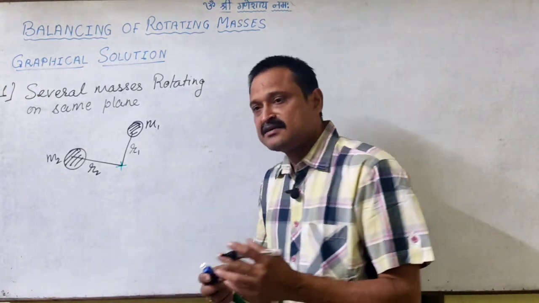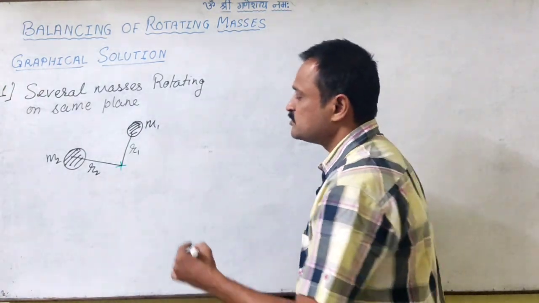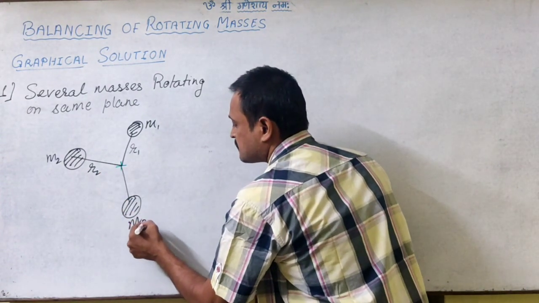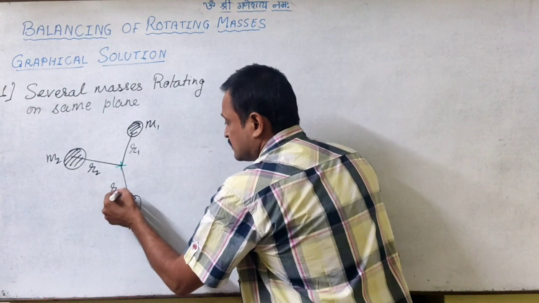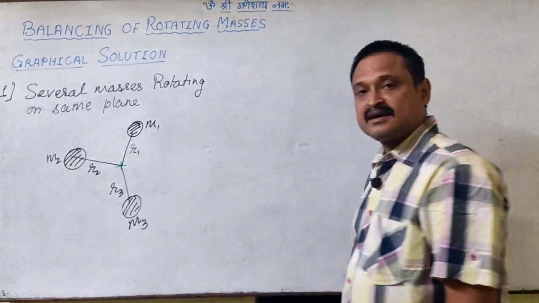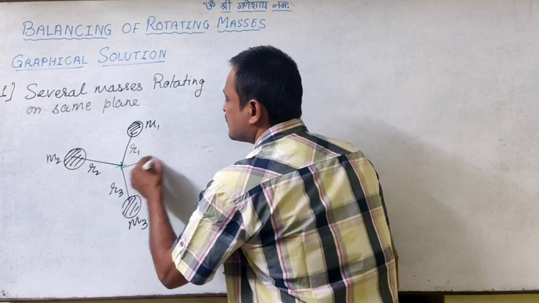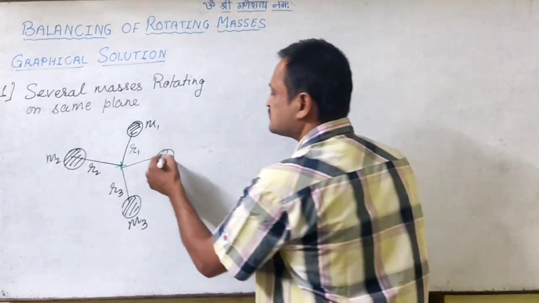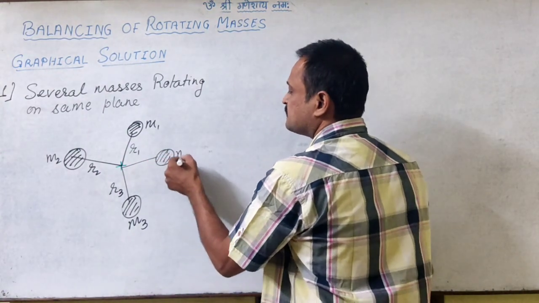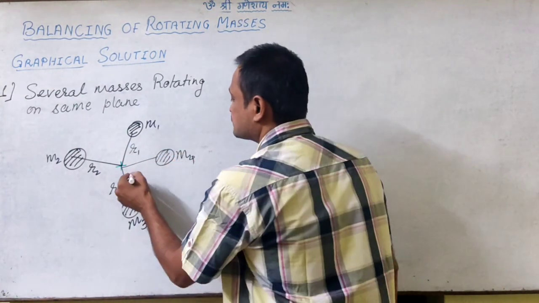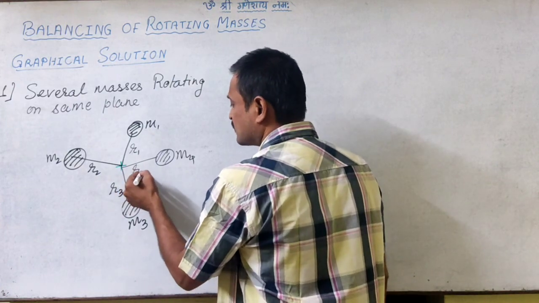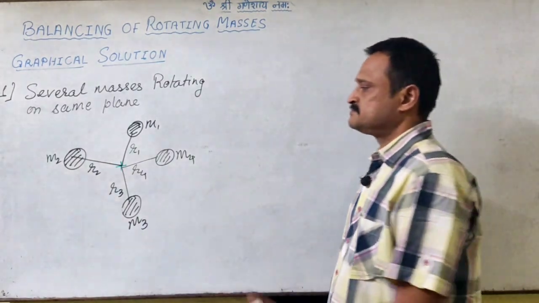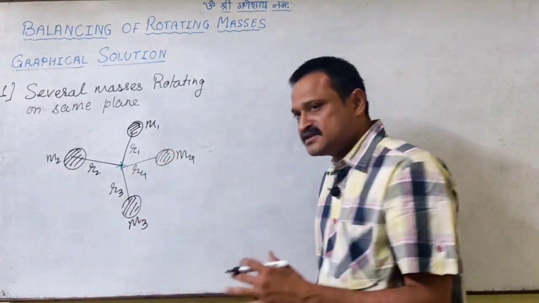The taken together masses of all the nuts and bolts, maybe altogether equivalently they are, say, concentrated at some radius r3, and let us include the tube as well in the system. It is concentrated, say mass m4 at some radius r4, and which are having their own phase distribution.